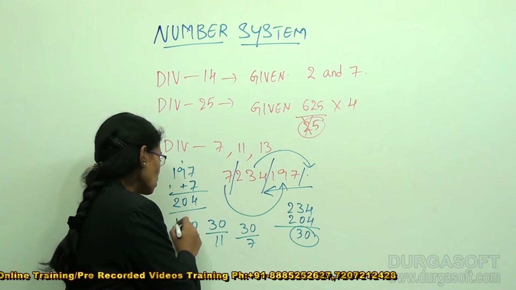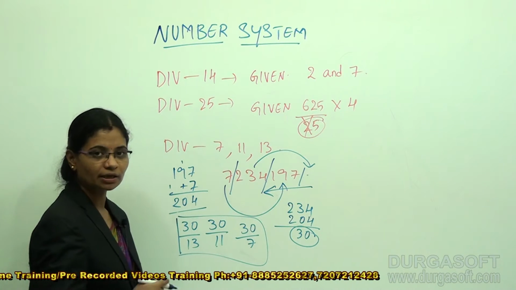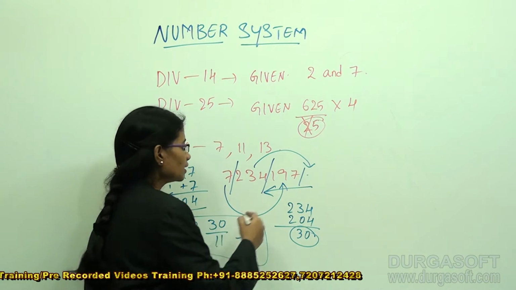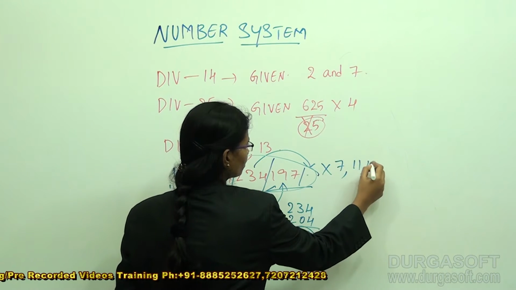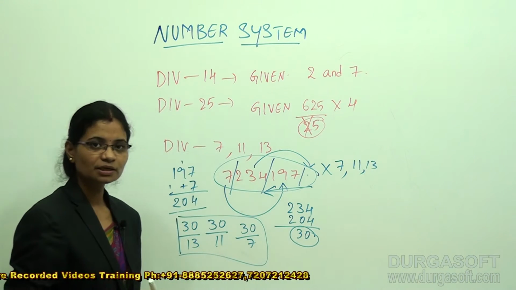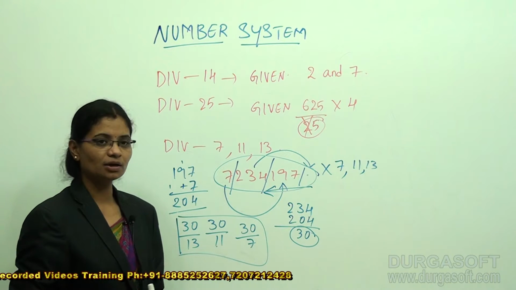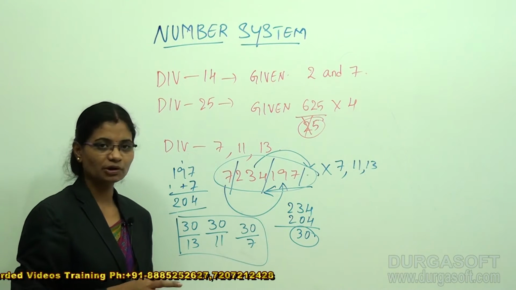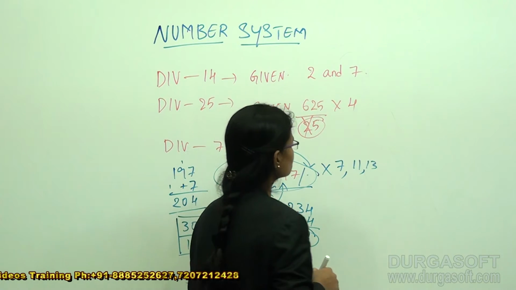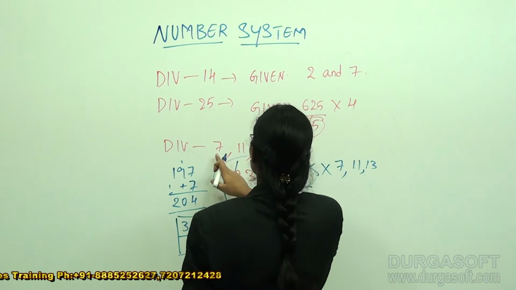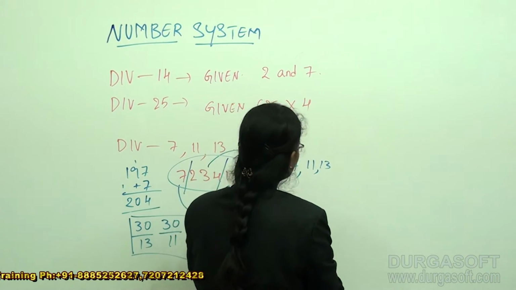So overall, we conclude that this whole number is not divisible by 7, 11 or 13, right? To avoid long calculations, we are just following this simple process. Now let's move to the next thing. We are done with the divisibility rule for 7, 11 and 13.